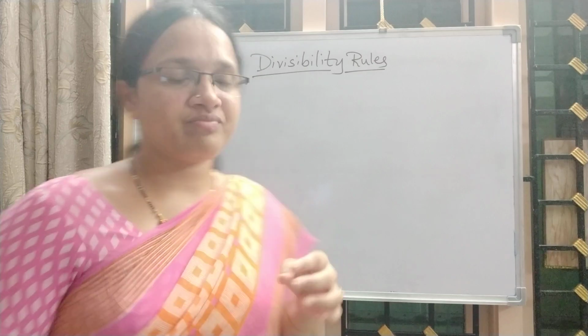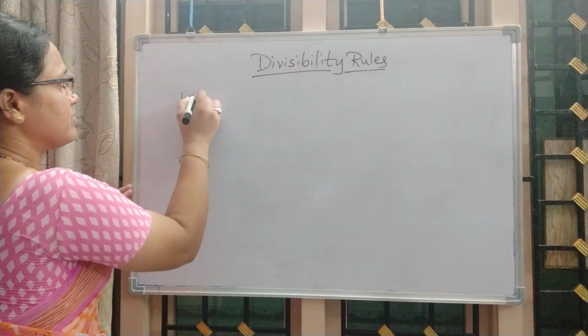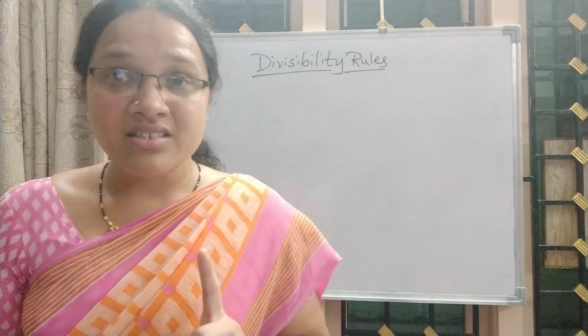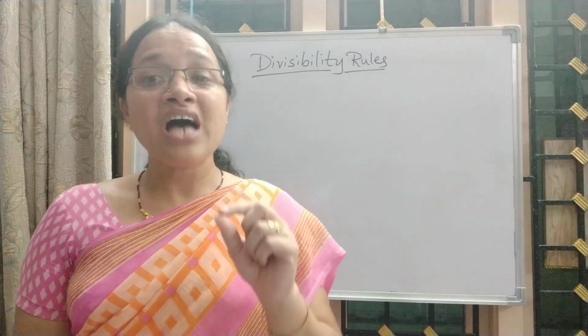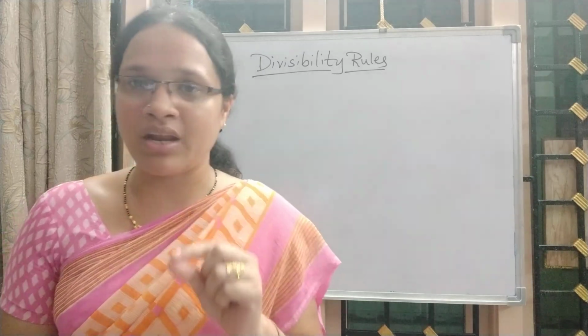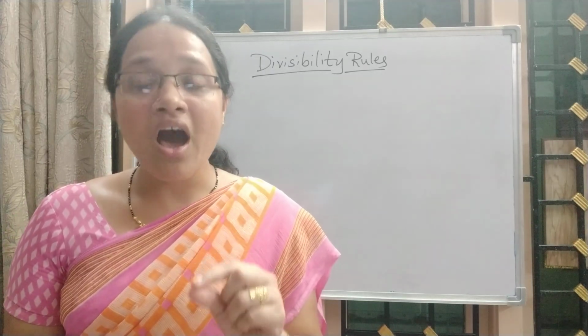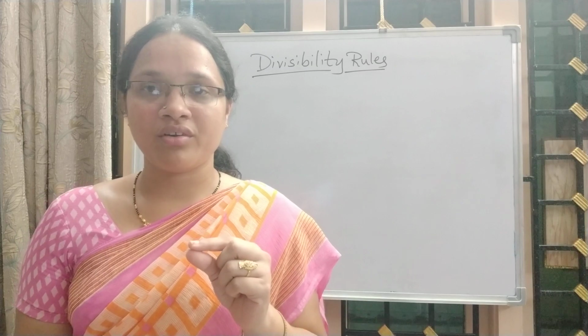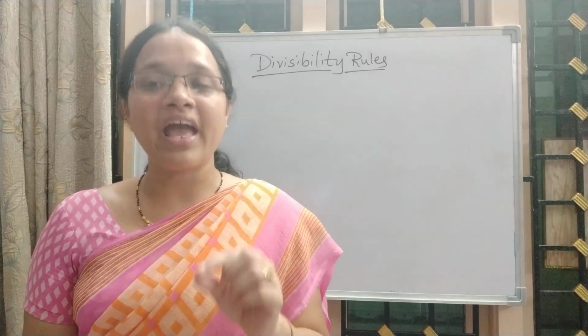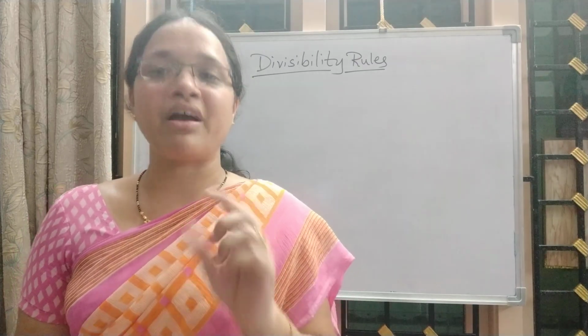That is 4. The divisibility rule of 4 is: if the last two digits of the given number are divisible by 4, then the given number is exactly and completely divisible by 4.